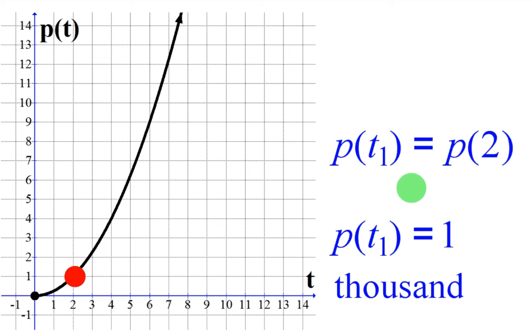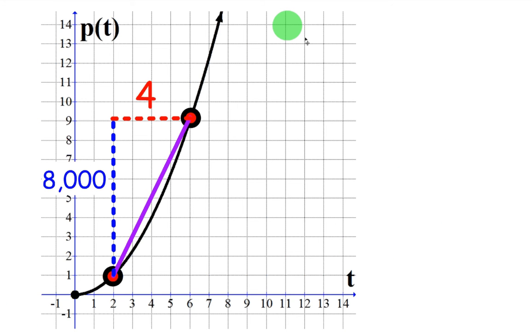So let's see, what do I have? So notice something. It had 1,000 people at 2, right? And that was its y value. Okay, and then we figured out that its average rate of change was 2,000 from 2 to 6. Now for this particular example, we wanted to know what its actual rate of change was at 5.